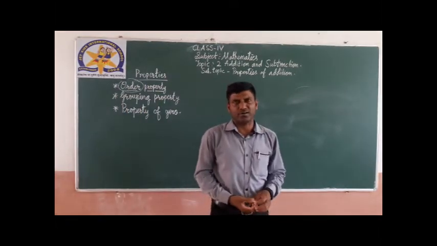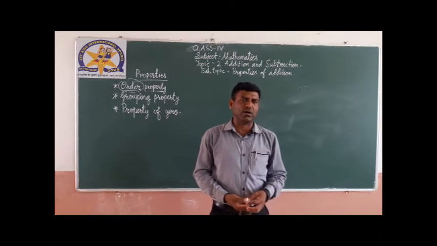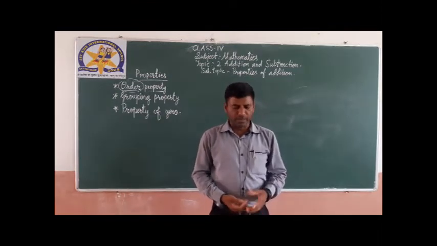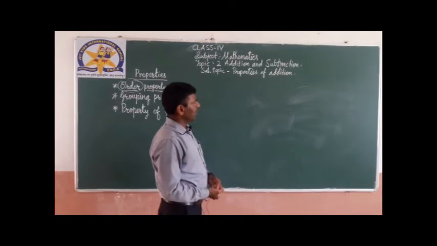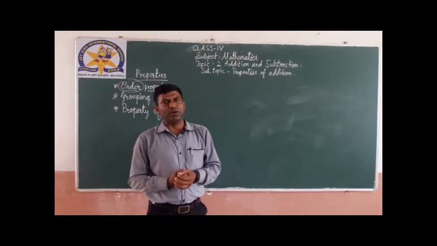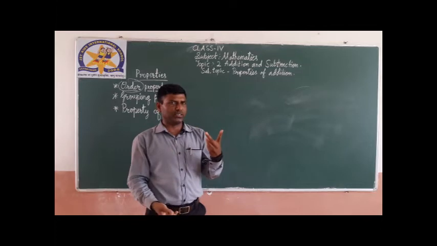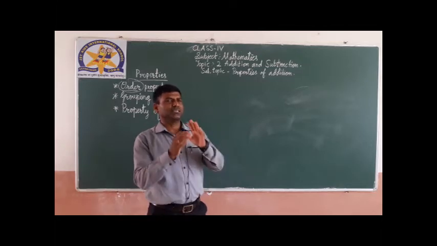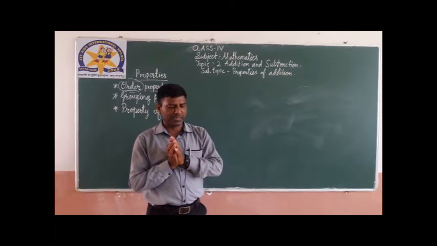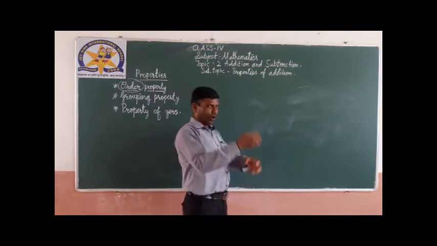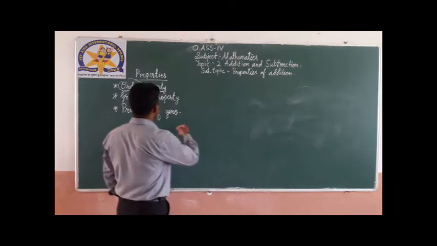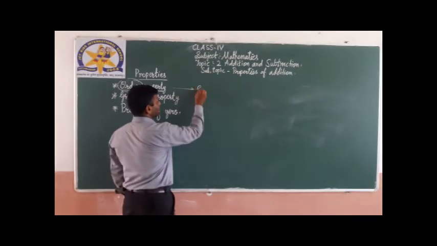Property of order, or we can say order property. In order property, the sum of two numbers remains the same even if we change the order. Let's see an example, then you will understand.